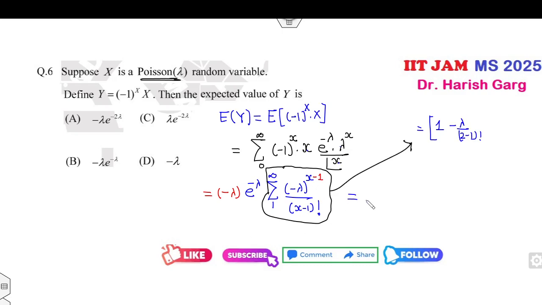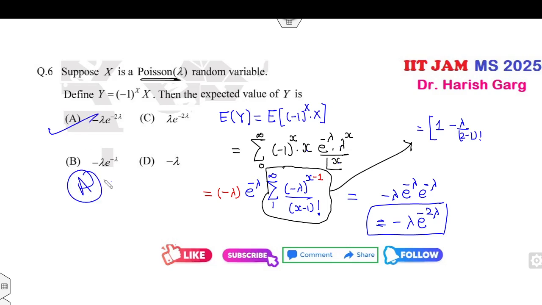So that series will give minus lambda e raised to power minus lambda. So the answer of this problem is e raised to power minus lambda times minus lambda e raised to power minus lambda, that is, e raised to power minus 2 lambda minus lambda, is my right answer of this problem.